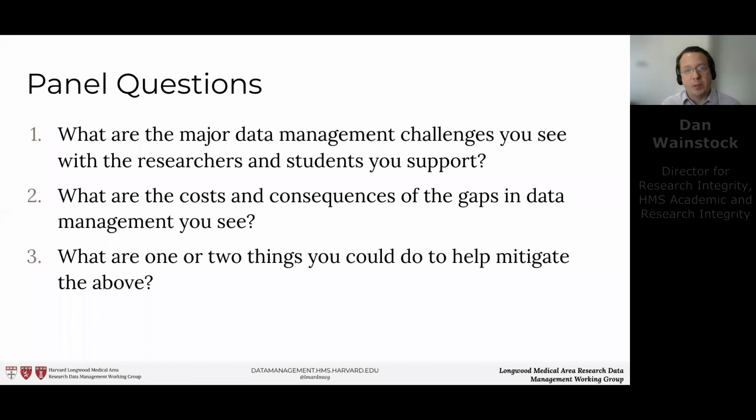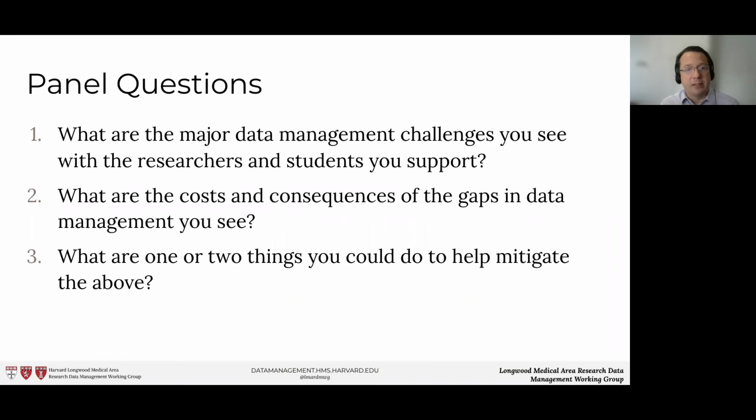I don't want to get morbid, but in the worst case scenario, if there's some kind of discrepancy that comes up in a published paper and someone has some questions about how the work was done, one of the parts of my job is to go in and find the data that underlie that paper and do an independent analysis so that faculty can determine whether there was a problem or whether there wasn't a problem.